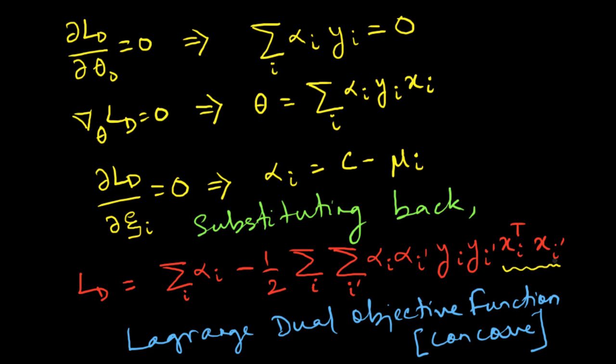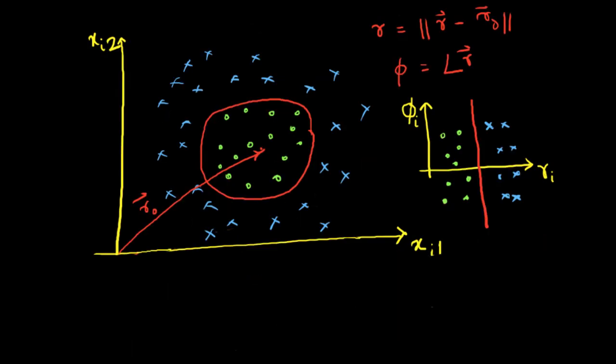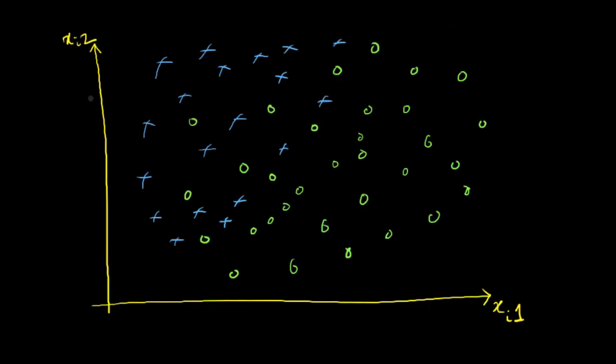If you remember, the primary way by which nonlinearities can be handled in logistic regression also is by doing a transformation of variables. You could use that for linear regression also, that you transform your variables to a new set of feature vectors, and then in that space one can expect that the problem will be linearly separable. But that may not always be the case. You may not know a priori what the variable transformation would be.